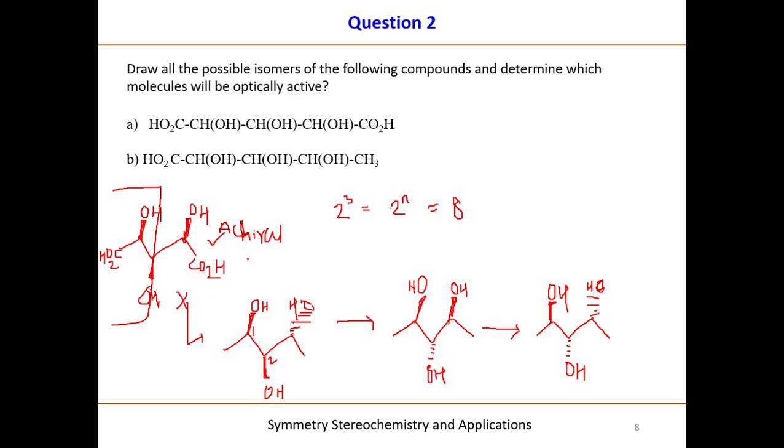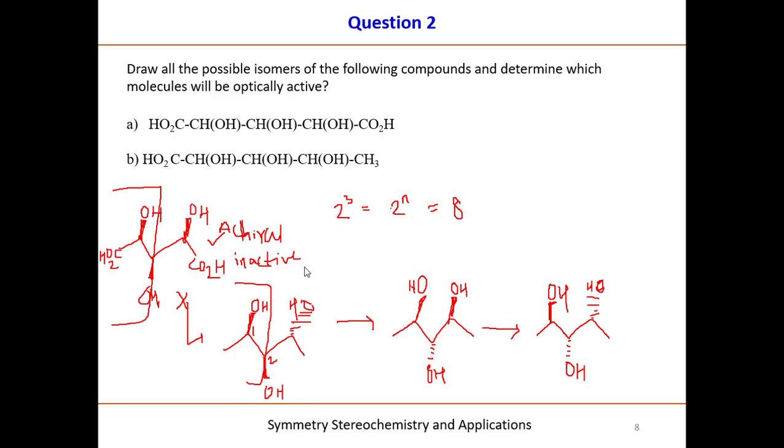Optically inactive. Now let's talk about the second one. Here, if we pass the plane of symmetry from here, it is not possible because this one is on the wedge side and this one is on the back side. So a plane of symmetry is not present.